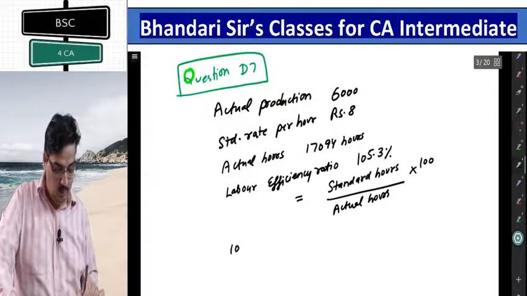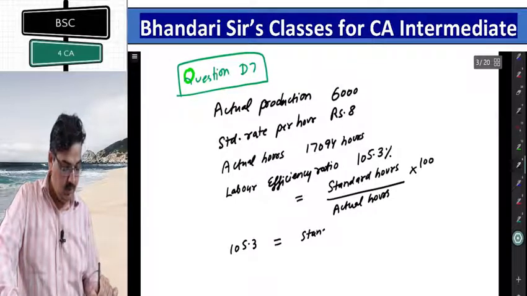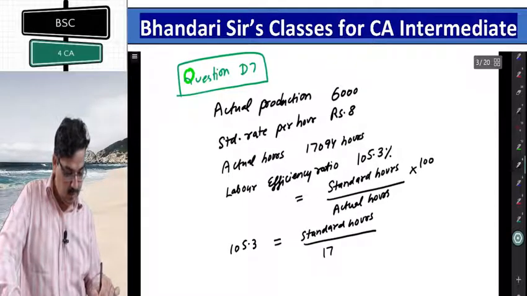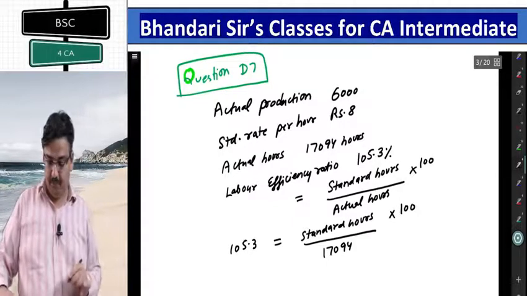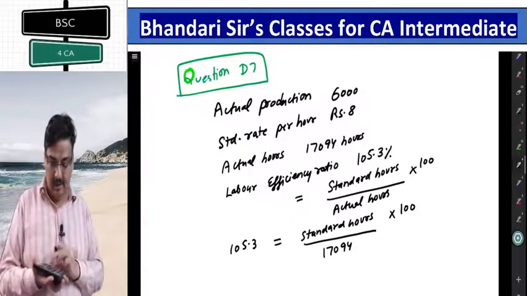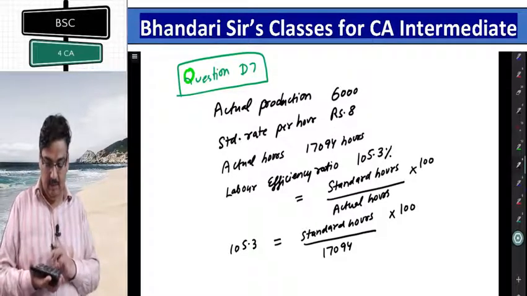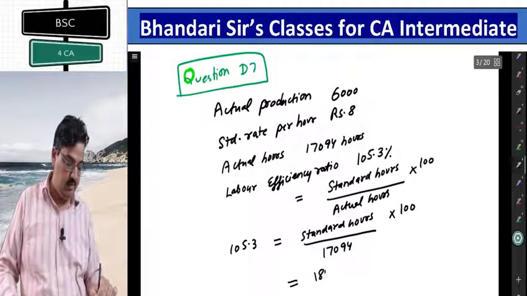So 105.3 is equal to standard hours divided by 17094 into 100. So standard hours I can get as 17094 multiplied by 105.3 divided by 100. So what I am getting is 18,000 hours.